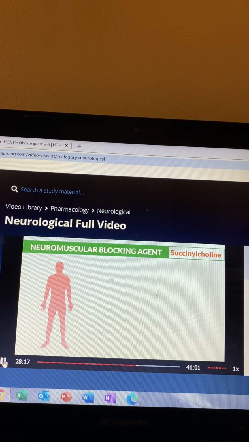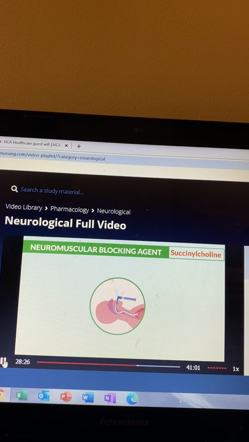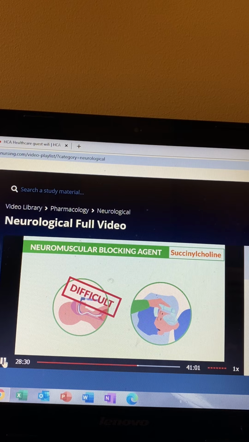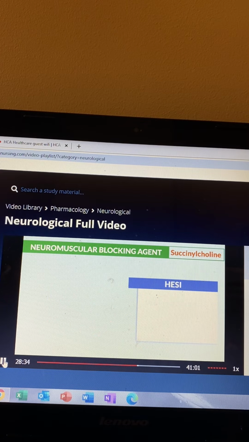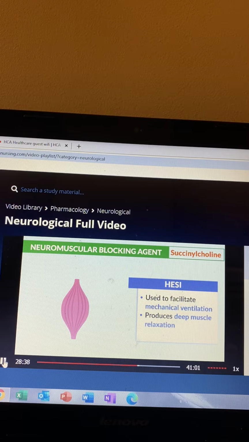Now, these drugs are given to paralyze the body before ET tube intubation as well as mechanical ventilation, typically for those who are difficult to intubate, like before general anesthesia or even in emergency situations. Now, the HESI mentions this is used to facilitate mechanical ventilation, and it produces deep muscle relaxation. Now, those are big terms for exams and the NCLEX.